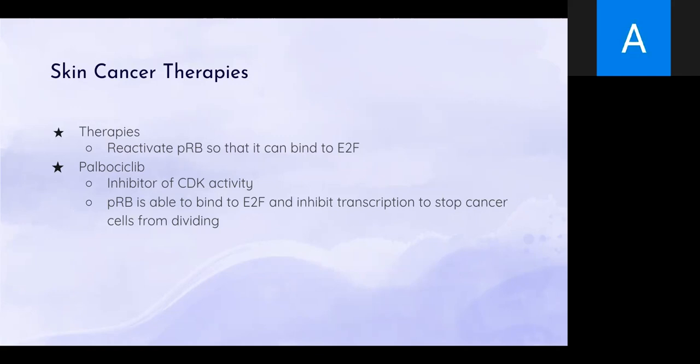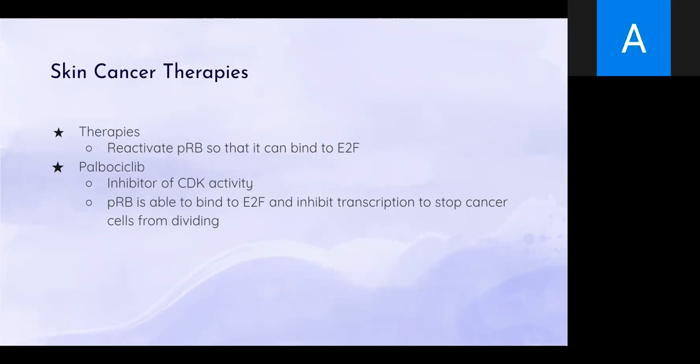Palbociclib is a drug that is an inhibitor of CDK activity, and it basically stops CDK from phosphorylating PRB, in order for the phosphatases to return PRB to its active, normal, hypophosphorylated state.